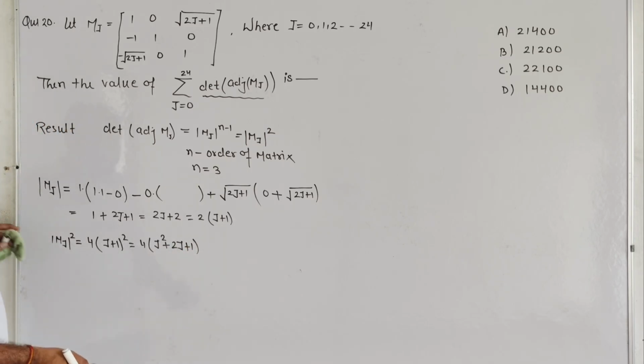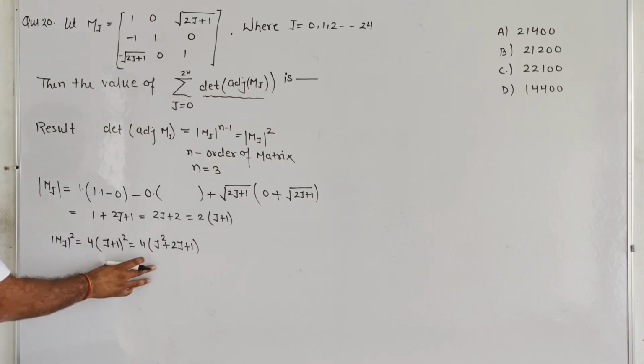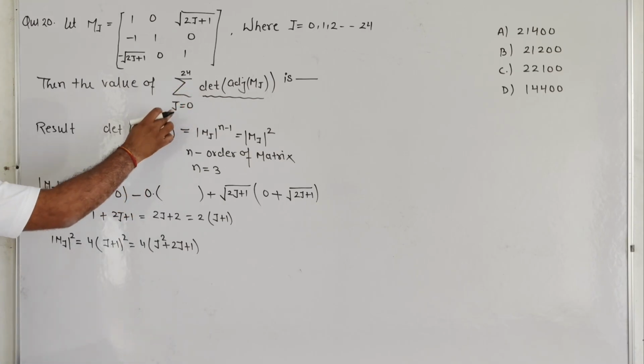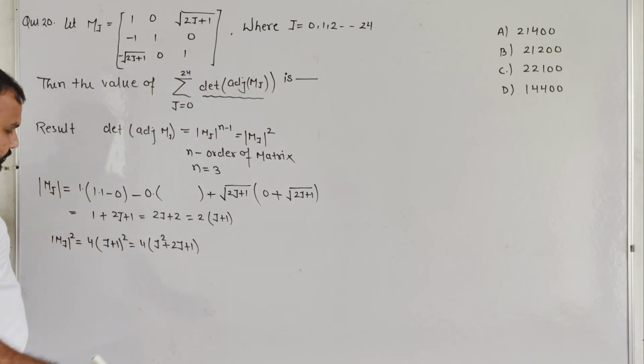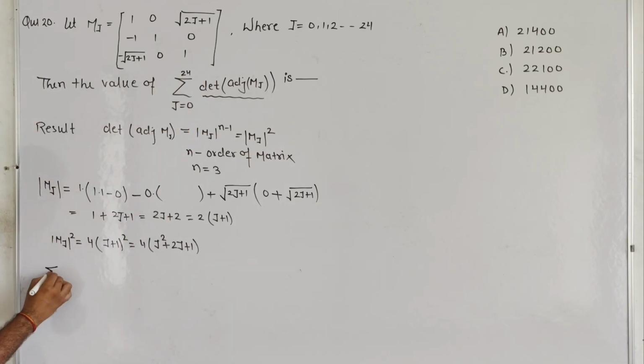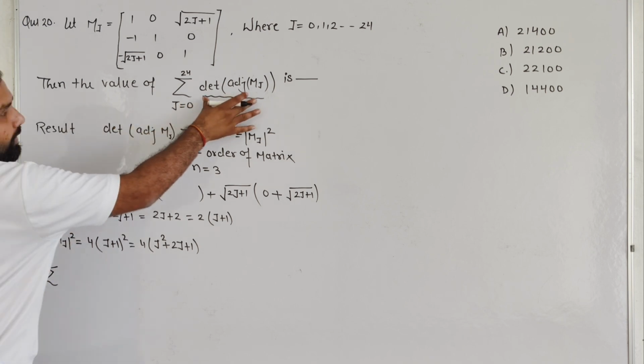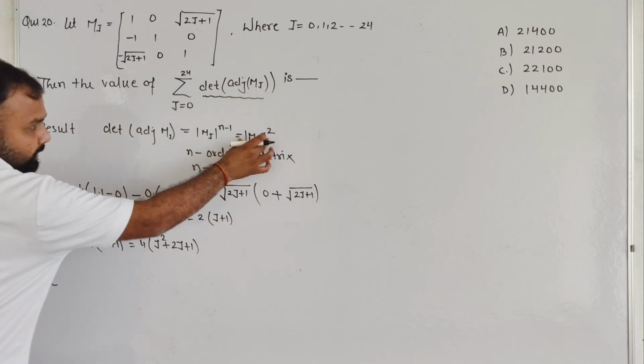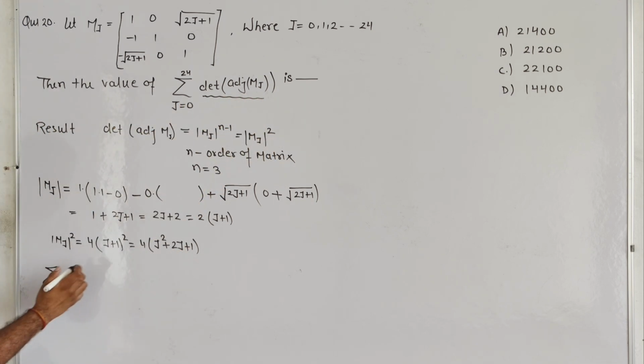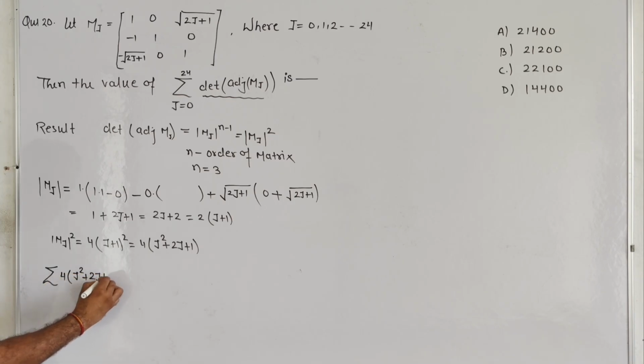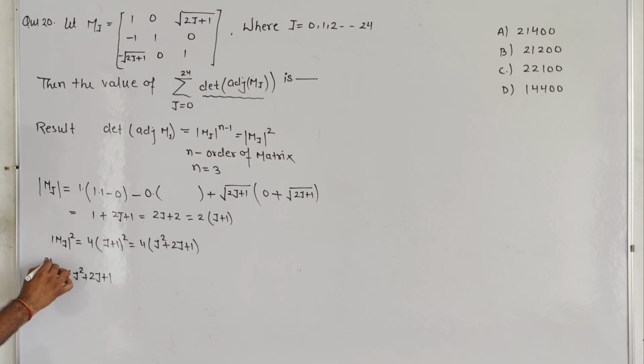After that we need to apply the summation, which is from 0 to 24. So we have the summation of 4 times j square plus 2j plus 1, where j is from 0 to 24.